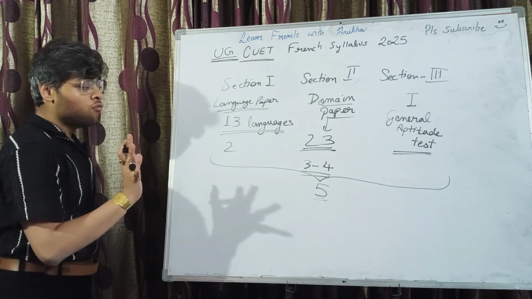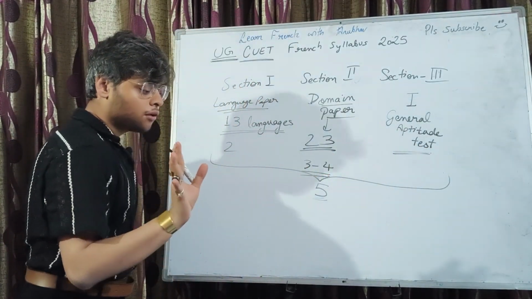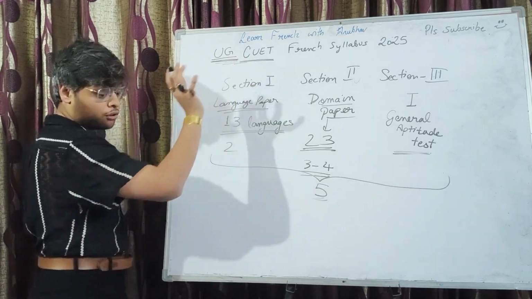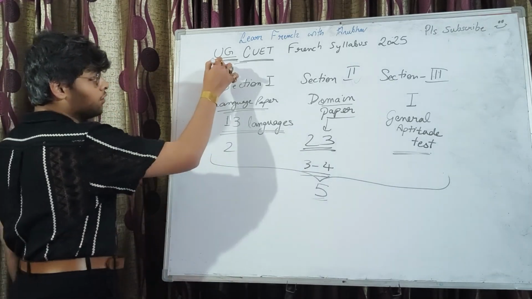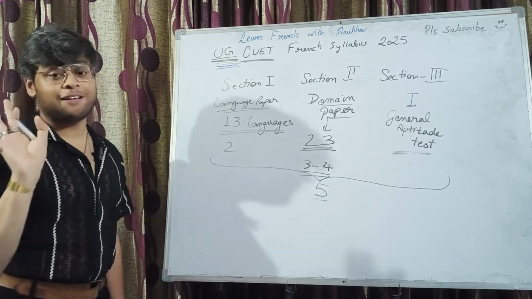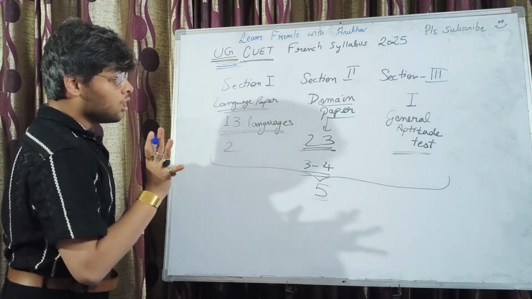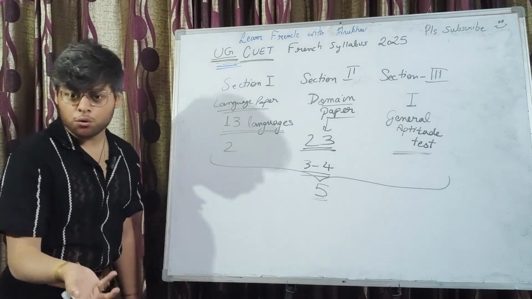university. Now, what is this general aptitude test? Earlier, we knew that UG CUET. To be noted, I'm talking about specifically UG CUET. We are talking about UG CUET only specifically. I'm not talking about PG CUET right now. So, earlier we used to have for other subjects as well, and definitely we had for French too, right?